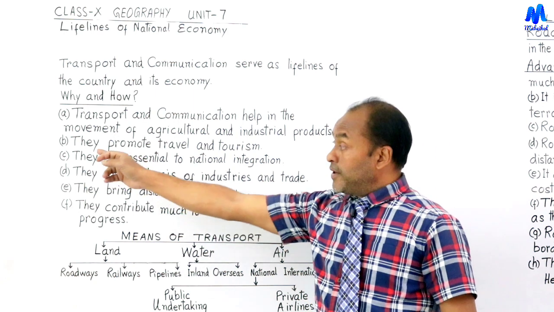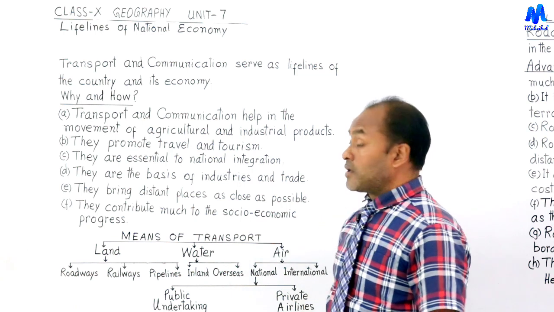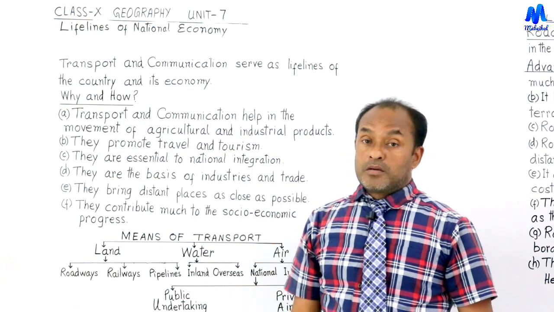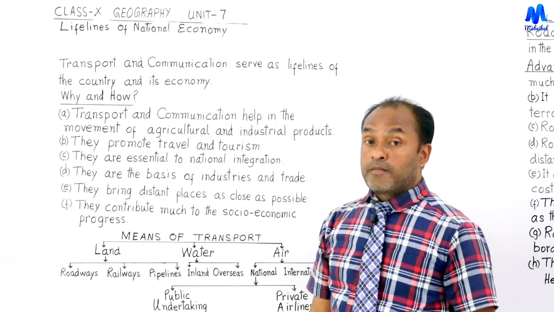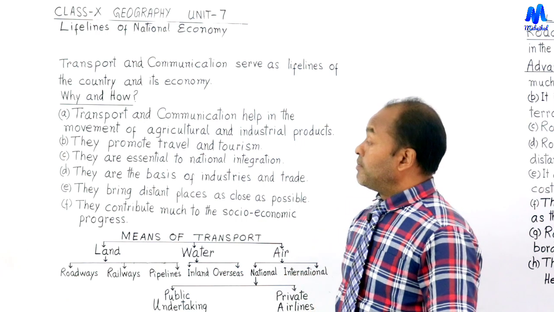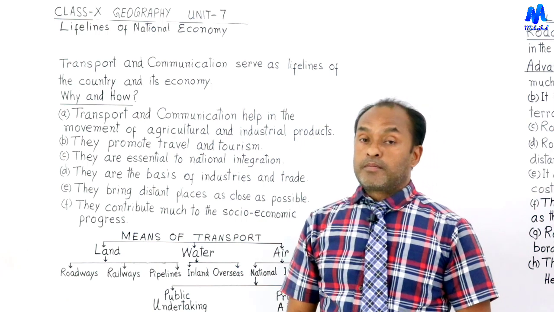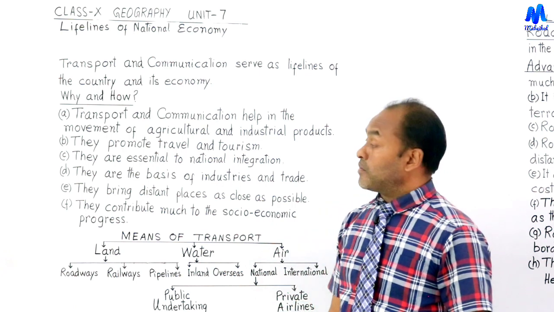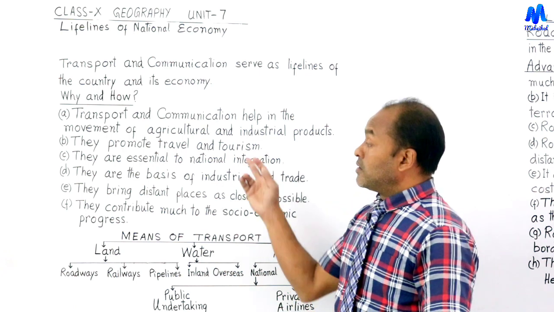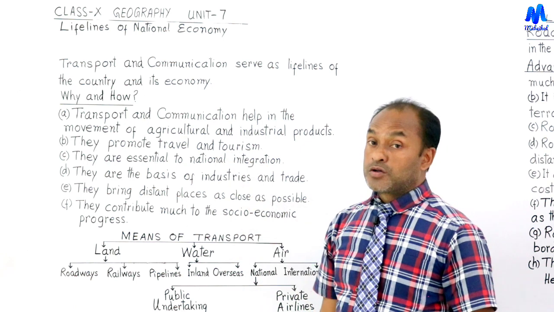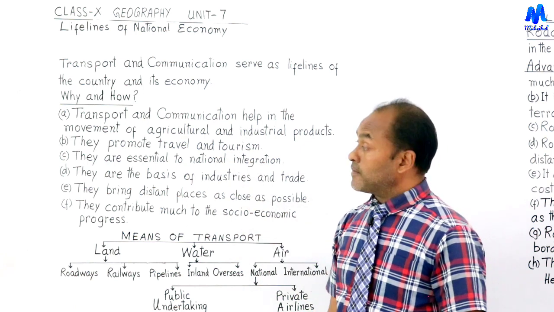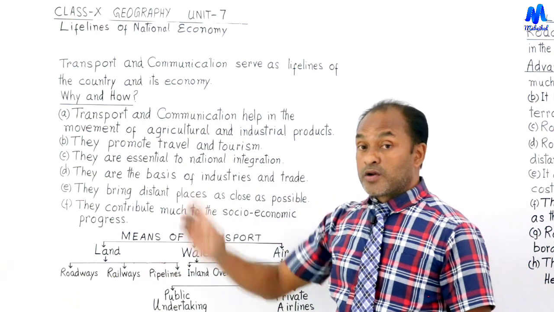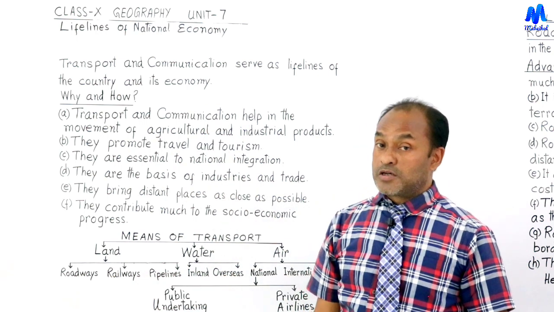And number B, they promote travel and tourism. Since India is a land of diversity, people of all countries like to visit India very much, and they would come to India for tourism and for traveling. So without transport and communication, how can they do these things?